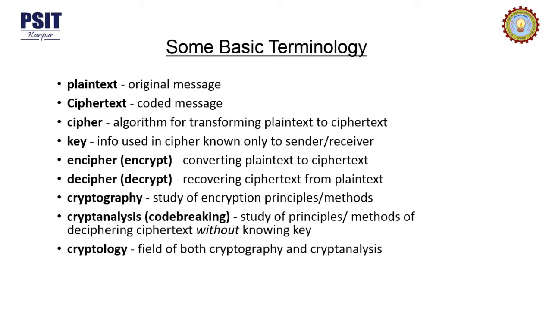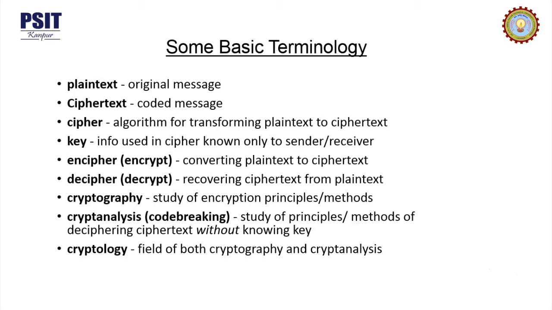Plain text is the original message that we want to transfer from one place to another through our network. Ciphertext is a coded message that is achieved by applying encryption on the plain text. Cipher is the algorithm for transforming plain text into ciphertext.